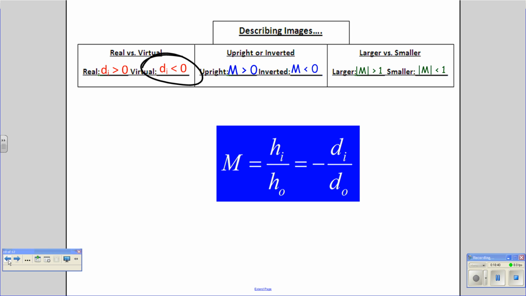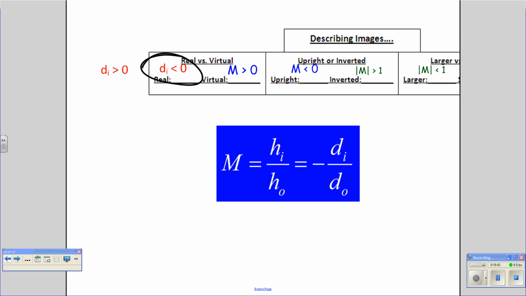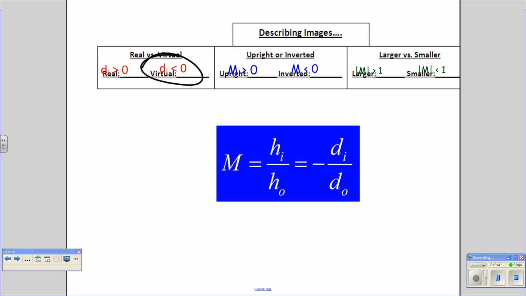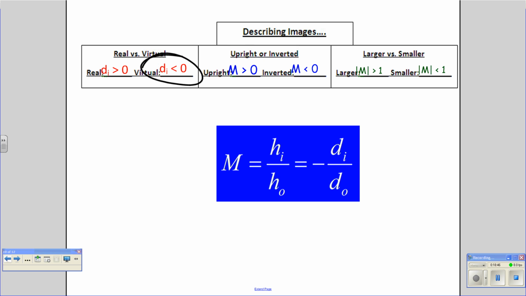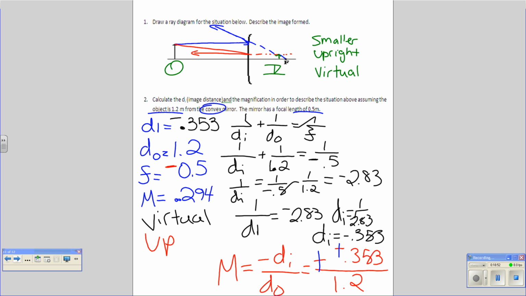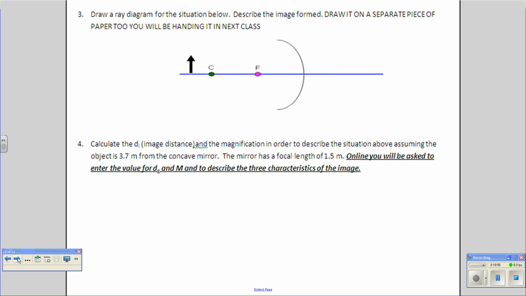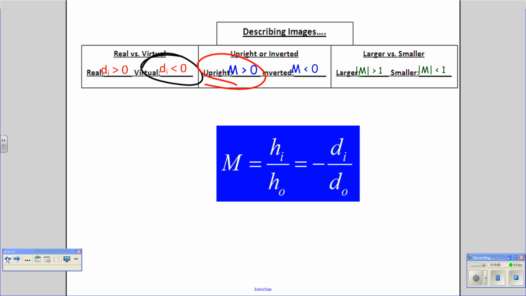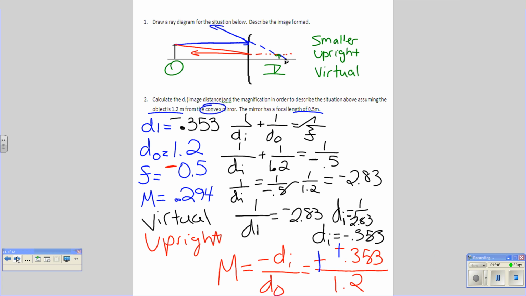So magnification is greater than 0. So it's an upright image. And the absolute value, so the positive value of magnification, is less than 1. So your magnification is smaller.